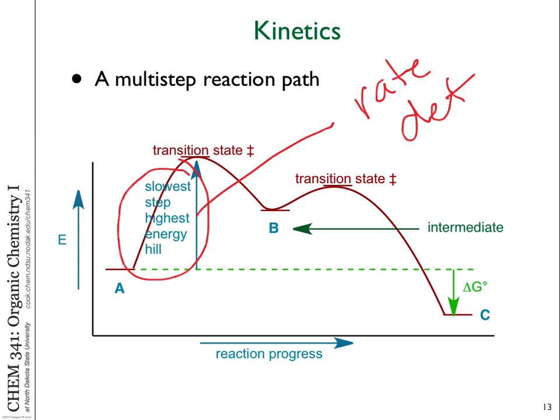See, now we're talking about more than just A to B to C. We're talking about the pathways to get there. Rate determining step: the slowest step in the reaction, or the step with the highest energy difference from starting materials to the transition state. So if you have a process which does have an intermediate B before you get to C, the reaction from B to C in this process is not going to be faster than the reaction from A to B. It doesn't matter what the rate of B to C is.